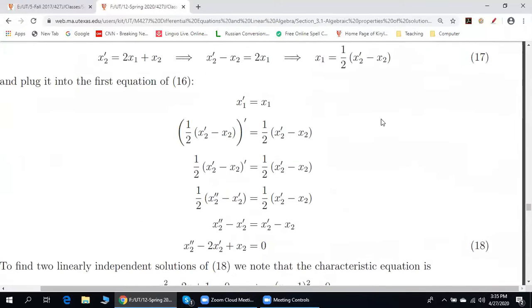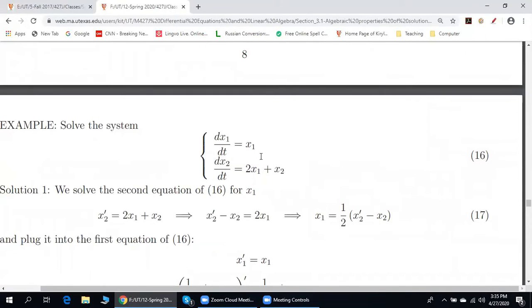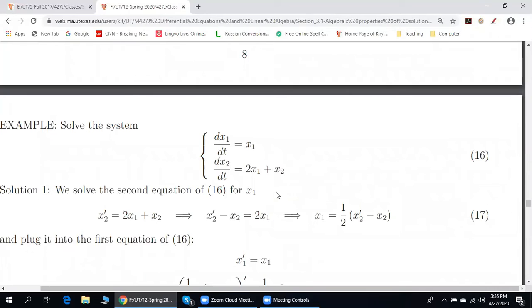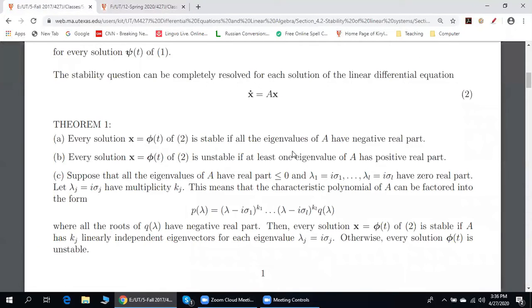So all solutions of this system are not stable. The next theorem shows us how to determine whether or not solutions are stable or unstable without solving our systems.